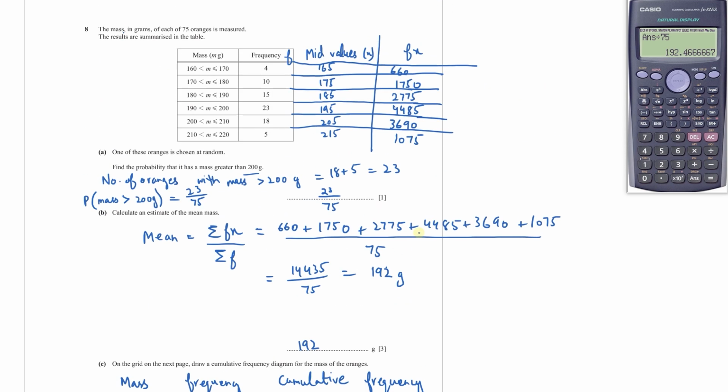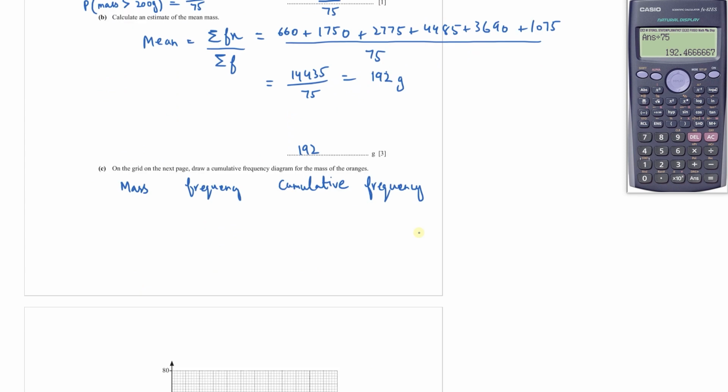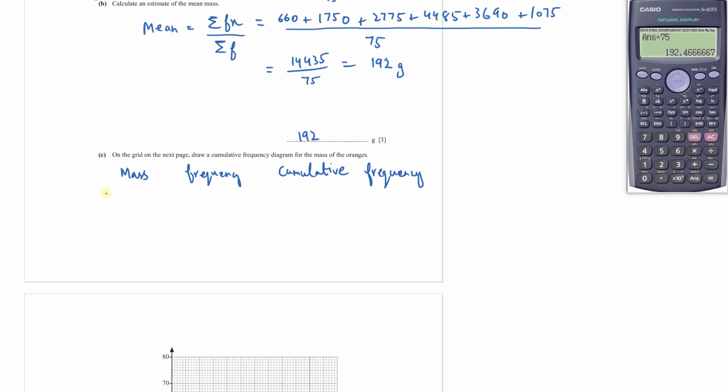So you have classes starting from 160 going up till 220. So this will be 160 less than or equal to 170. Then you have 170, 180, 180, and then 190.